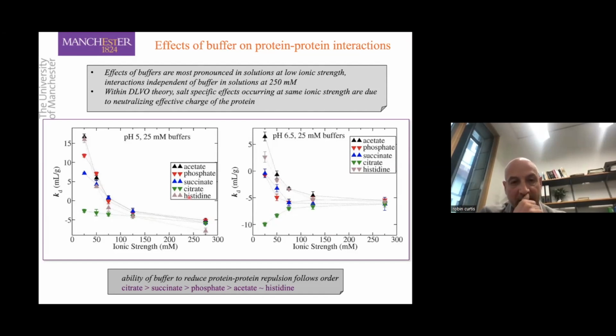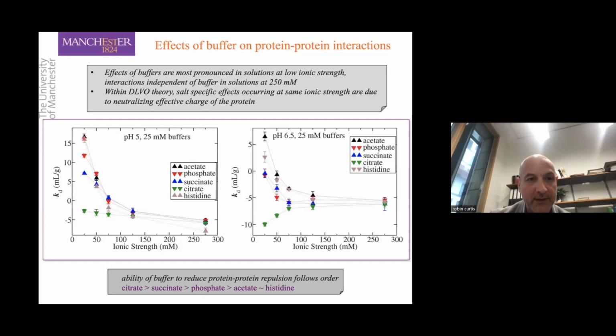So we were looking at whether or not the buffers impacted the colloidal stability, which is in part related to this electrostatic repulsion. So what we did is we chose the buffer concentration such that the ionic strength of the solution was 25 millimolar. So in this case, we're going to have the same screening length. Within DLVO theory, then the only difference in these solutions would be the effective charge on the protein molecule.